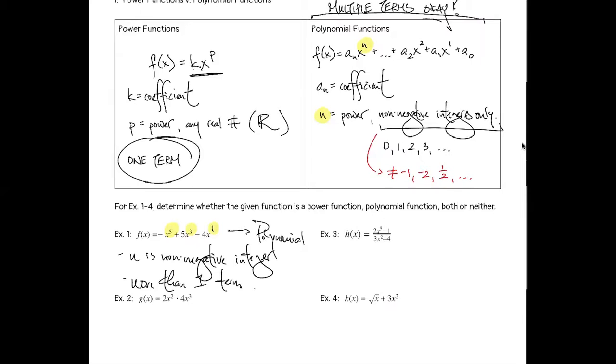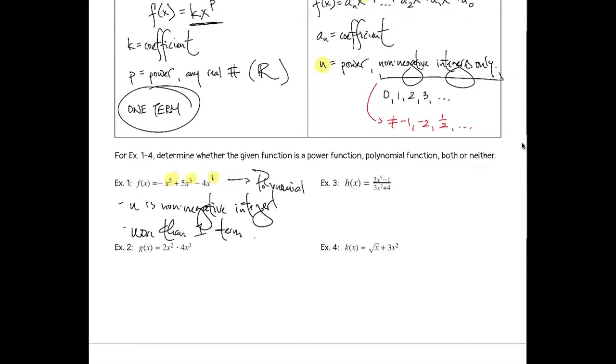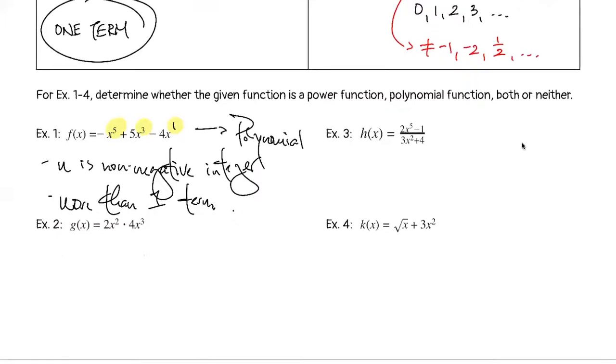Okay. What about example 2? Power function or polynomial or both or neither? Number 2 is g of x, 2x squared times 4x cubed.